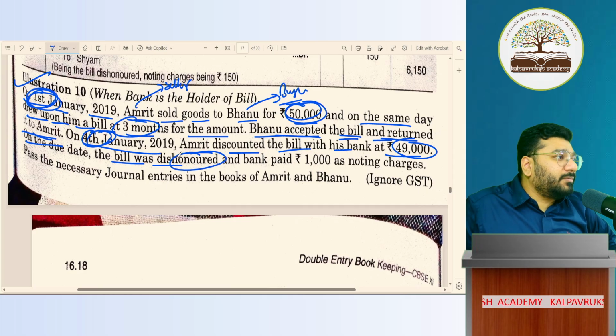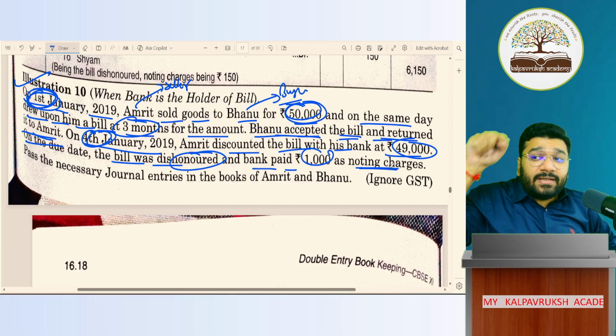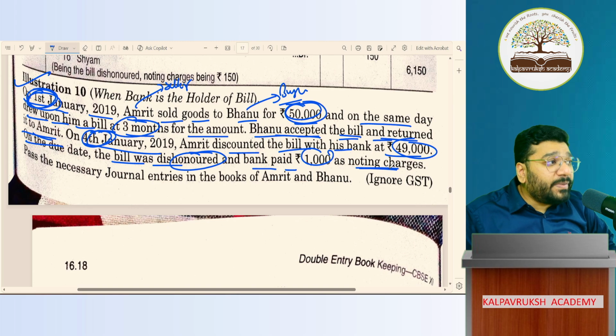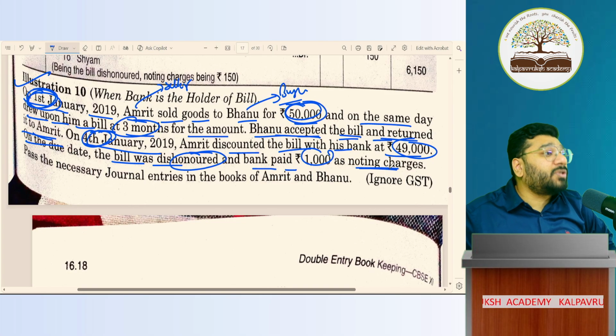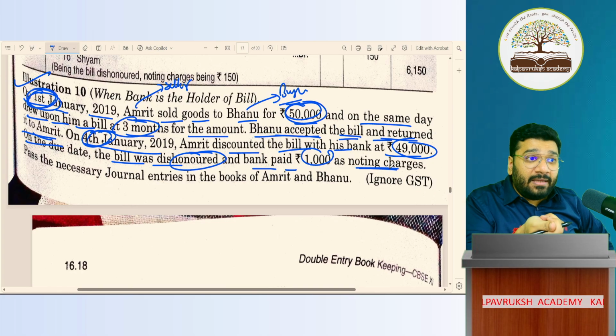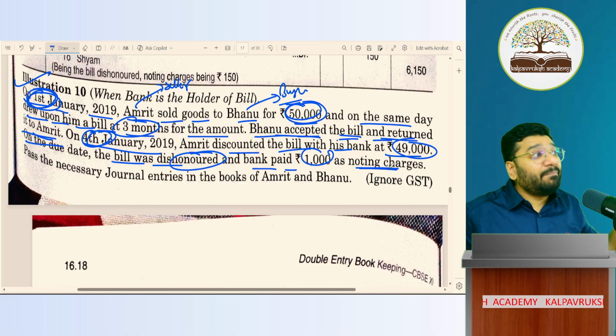Oh my God. Bank paid 1,000 as noting charges. On the date of maturity, who presented the bill? The banker presented the bill, but the bill was dishonored. The opposite person did not make the payment. So now whose responsibility is it to prove I presented the bill properly, but the opposite person did not make the payment? Banker's responsibility.